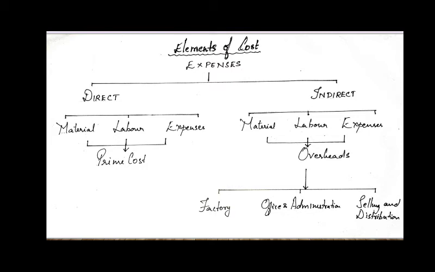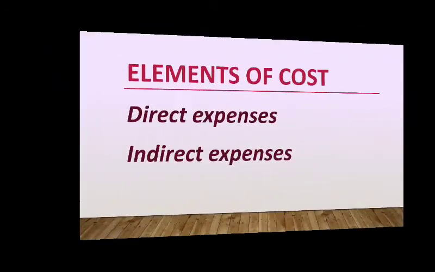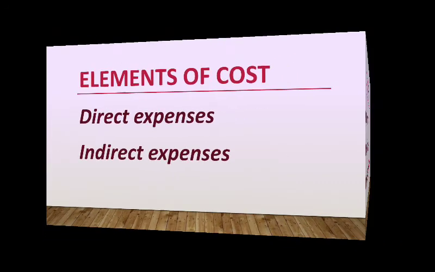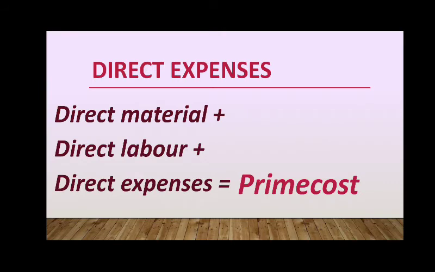So in detail we can study about these elements of cost. Elements of cost are divided into direct expenses and indirect expenses. First one is direct expenses. In direct expenses, we can see direct materials. So what is direct material?